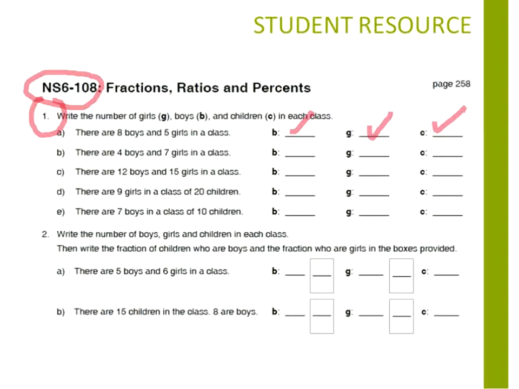They're always going to form a picture of the part, the whole, and think of the parts as making a whole. Now you'll notice in question 2, there's a small variation. So now not only do they have to write the boys, girls, and children, but now they have to write in the fraction.